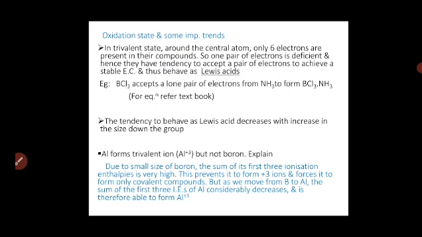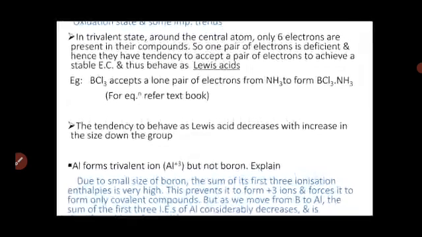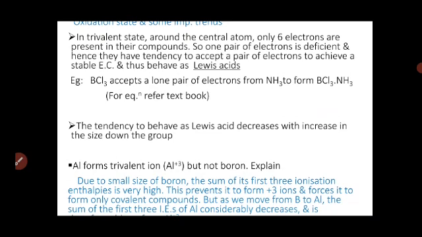Now let us see another property. In trivalent state, trivalent means +3 oxidation state, around the central atom only 6 electrons are present in their compounds. Now how is it? 3 from the central atom and 3 electrons from the attached atoms, or the surrounding atoms.